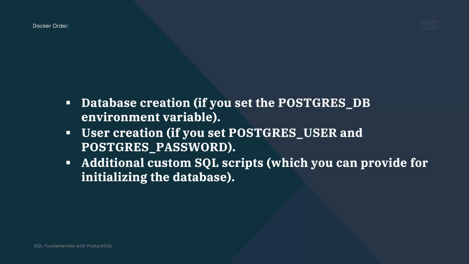Now, what you're looking at here is the order in which the scripts are executed. So first of all, any database creation scripts, and then any user creation, and then any additional custom SQL scripts. So these initialization scripts are extremely useful for automating database setups like we're doing here in this tutorial, and configuring things like tables like we do here, schemas, or any other important database components.